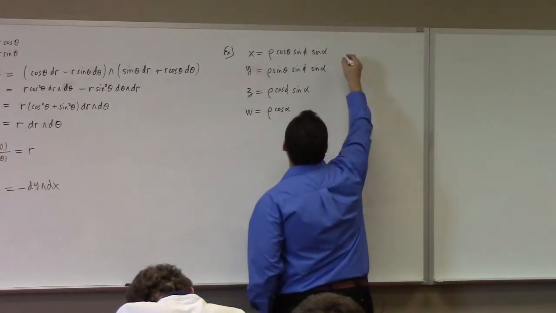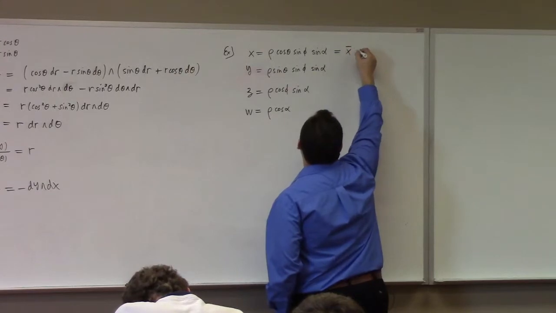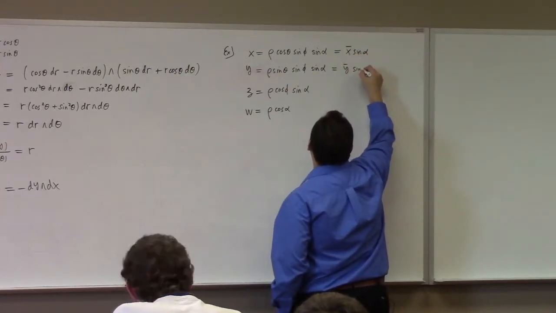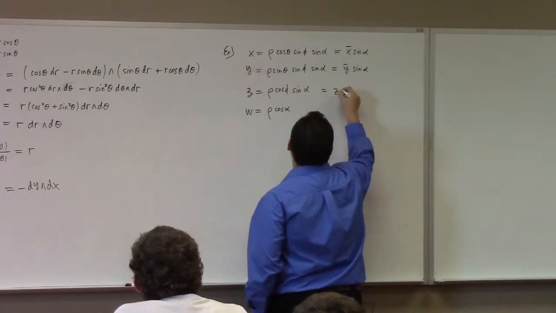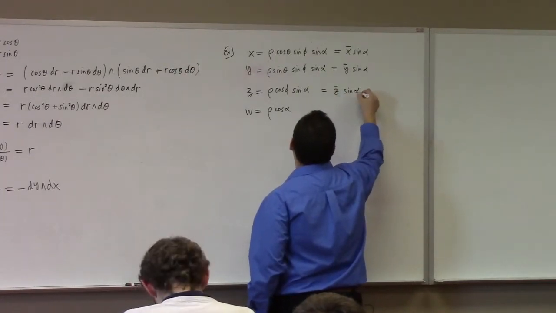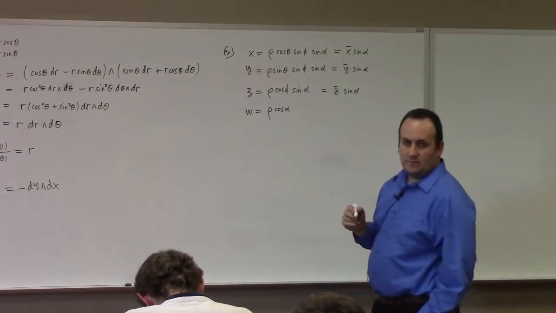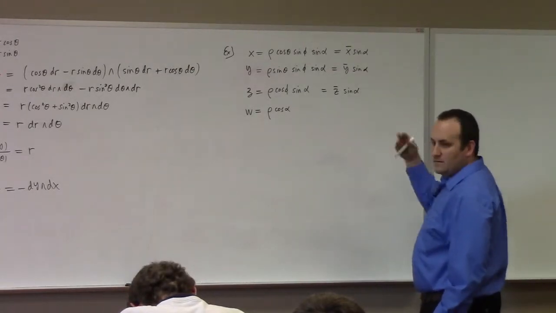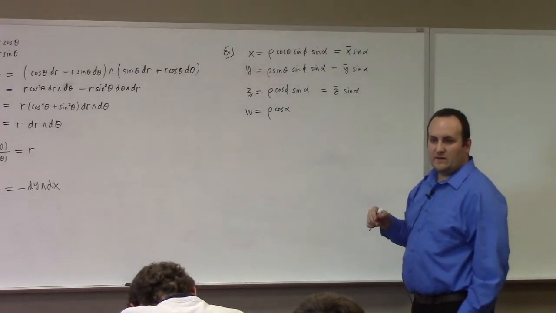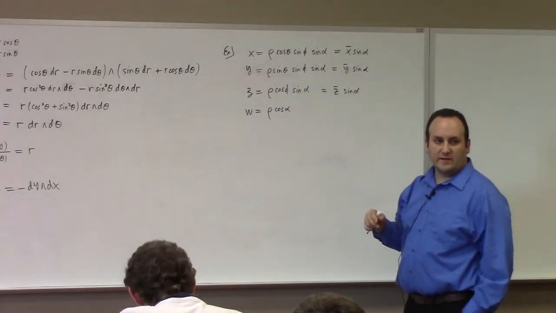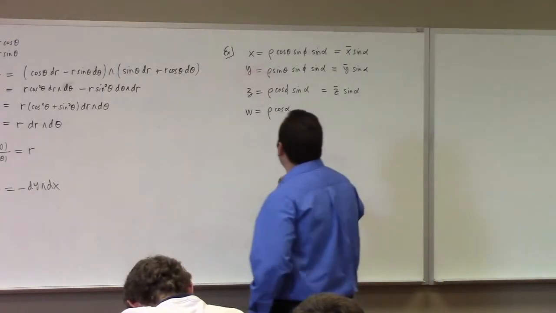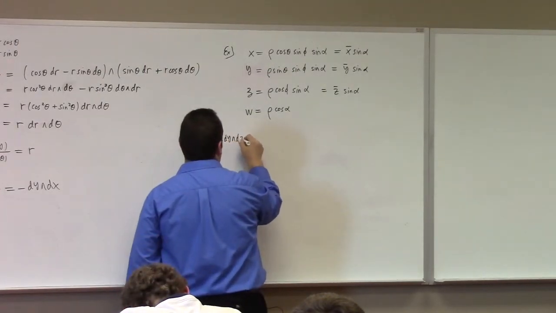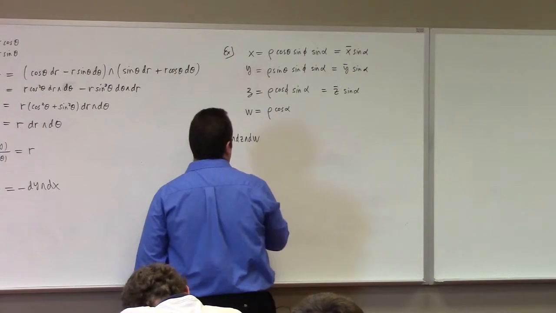So let me define this to be x bar sine alpha, y bar sine alpha, z bar sine alpha. All right, so my x bar, y bar, z bar, those are just the underlying three-dimensional Cartesian spherical coordinate formulas, right? So my thinking was, I want to calculate dx wedge dy wedge dz wedge dw, right?